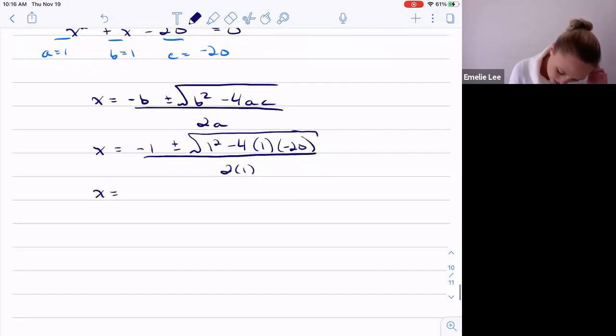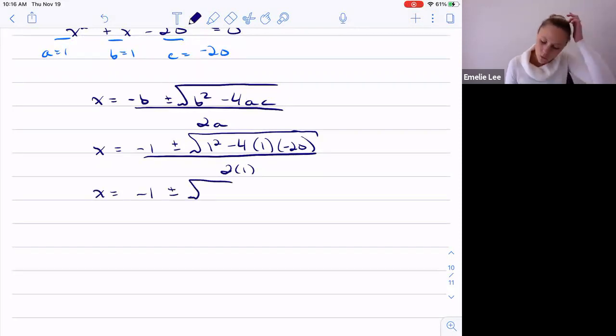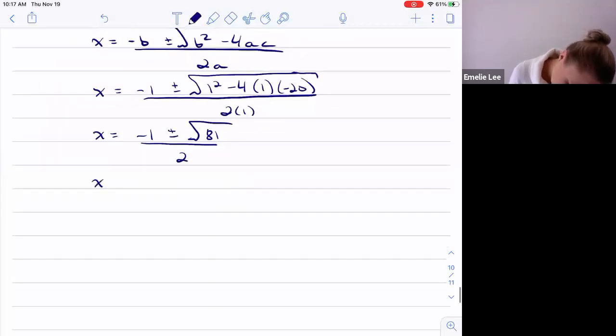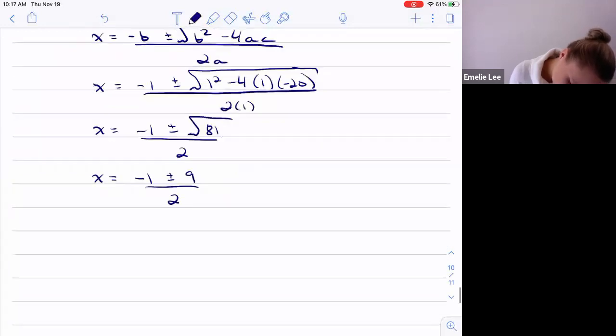So I get x is negative 1 plus or minus the root of 1 minus negative 80, 81, which should be 9. So x is negative 1 plus or minus 9 divided by 2.